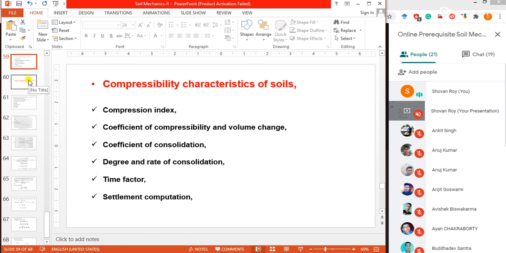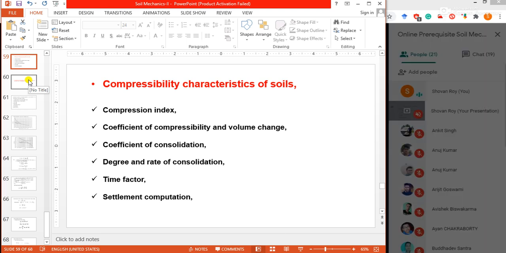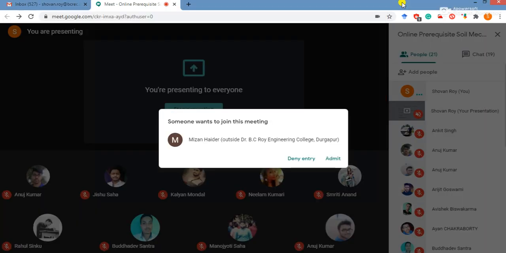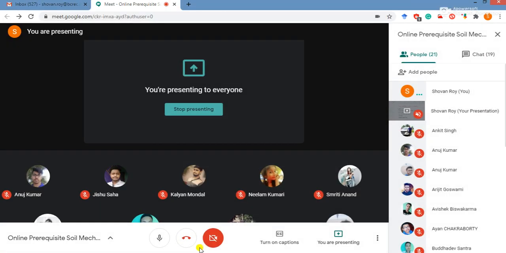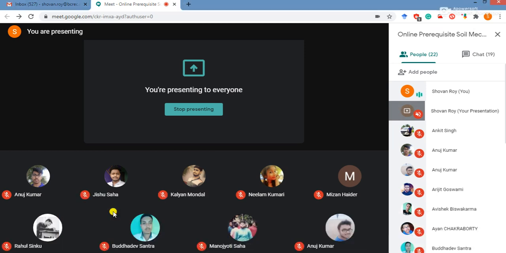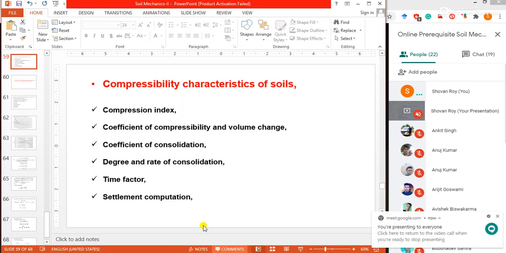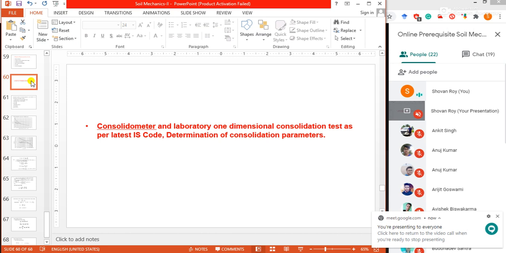Before going into compressibility characteristics of soils, as per your syllabus there is also the consolidometer and laboratory one dimensional consolidation tests as per latest IS code, and determination of consolidation parameters.